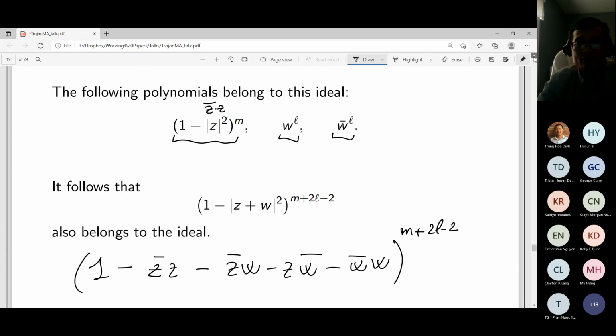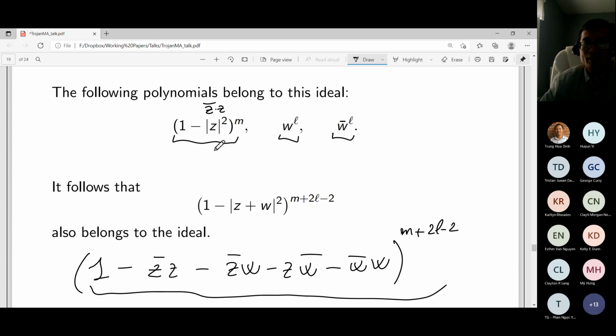So we write this as a combination of these things, as a sum involving (1 minus Z bar Z) to the m, and then W^L, W bar^L. It's just using binomial or multinomial expansion, and this is simple enough to do.